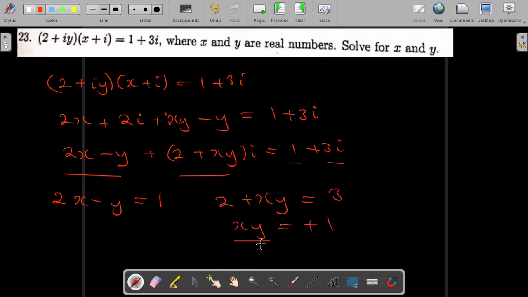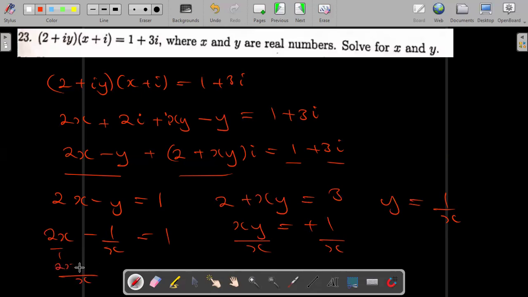Then you can divide this by x and divide that by x. So you have your y equal to 1 over x. So from here, where there is y, you can replace that. So you have 2x, then you have minus, replace there, you have 1 over x equal to 1. And of course, you observe that this is just going to be over x.